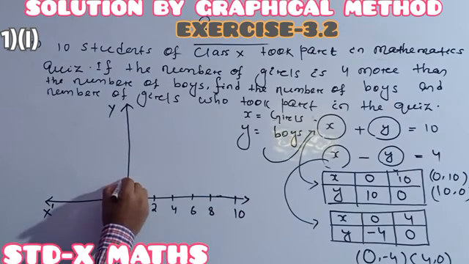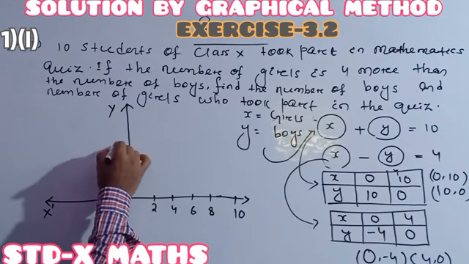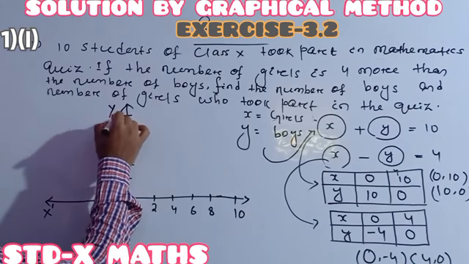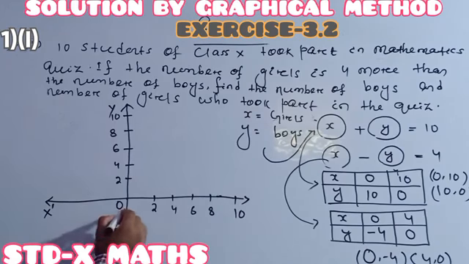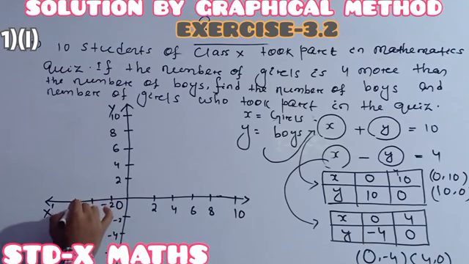Here it is also 2, 4, 6, 8, 10. On the negative side, it is minus 2, minus 4, minus 6, minus 8, minus 10. This side also the same, minus 2, minus 4, minus 6, minus 8, minus 10.